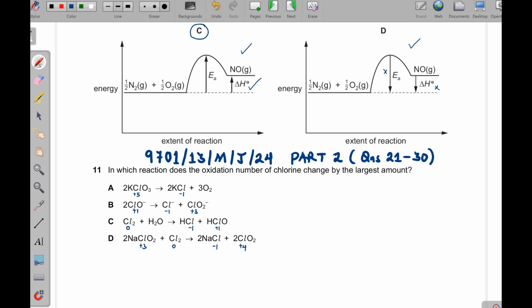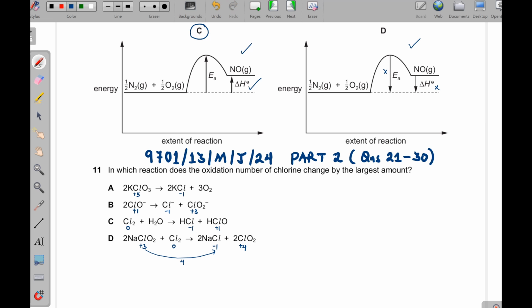Now, we are looking at the oxidation number change, which is the biggest one. Of course, here I can say the oxidation number change is a 3. Is it a 3? From 3 to -1, that means they subtracted a 4.